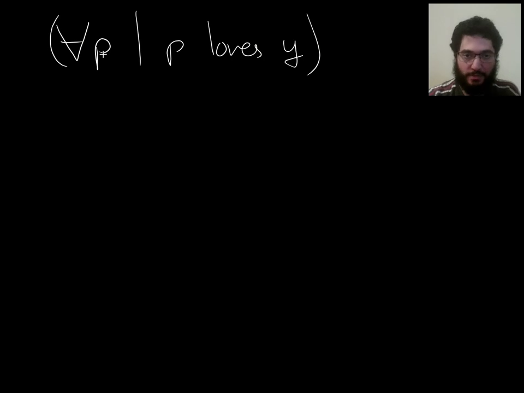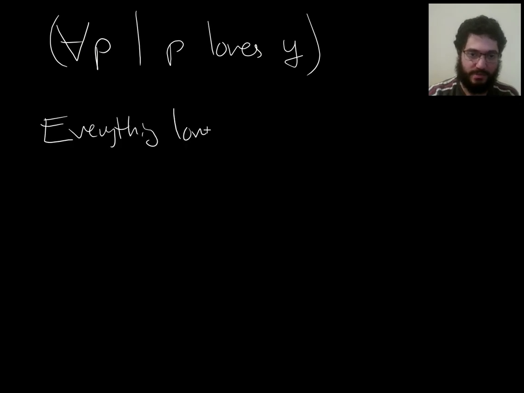So p is bound by the quantifier in the sense that this expression can be written without any mention of p. It's not about p. So this says everything loves y. And the p is only serving as a placeholder to help me say this kind of everything part. So I could replace all the p's by something else and it wouldn't change the meaning at all. So that's what a bound variable is.